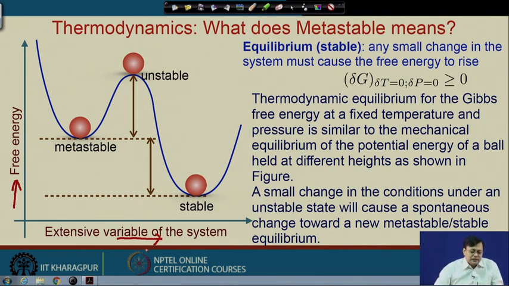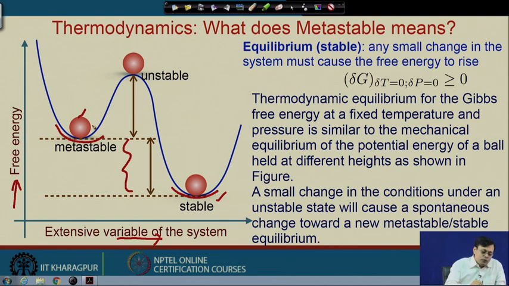We take a very simple example like a ball which is kept in such a condition, and we can also keep the same ball under such a condition. Definitely the energy is higher here than here. So, there will be a net decrease of energy, which is often called, in terms of thermodynamics, a net decrease of the free energy.